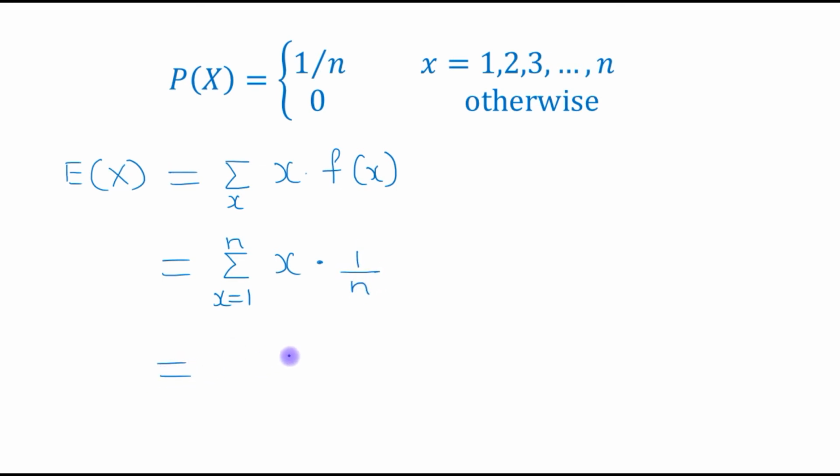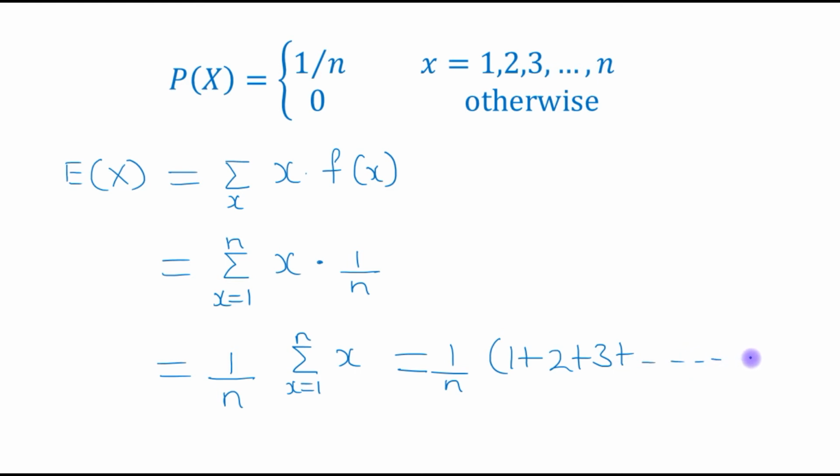Next step, 1 by n sigma x equals 1 till n of x. It can be written as 1 upon n, and this will be 1 plus 2 plus 3 plus till n.